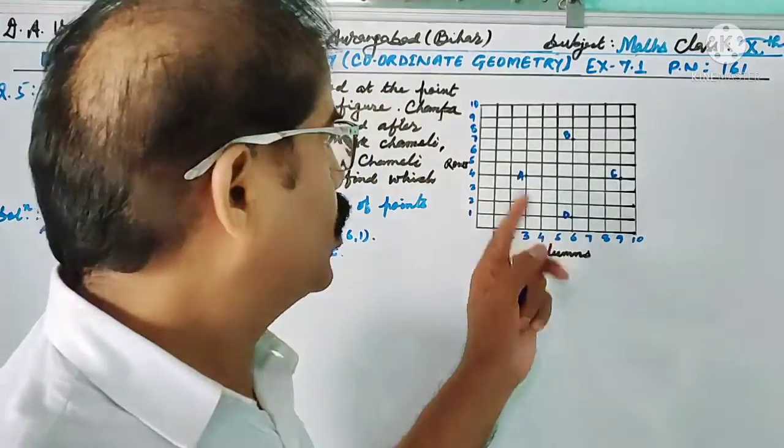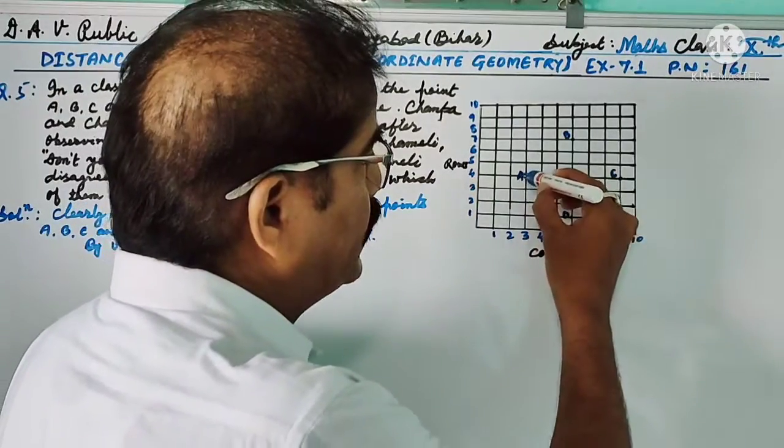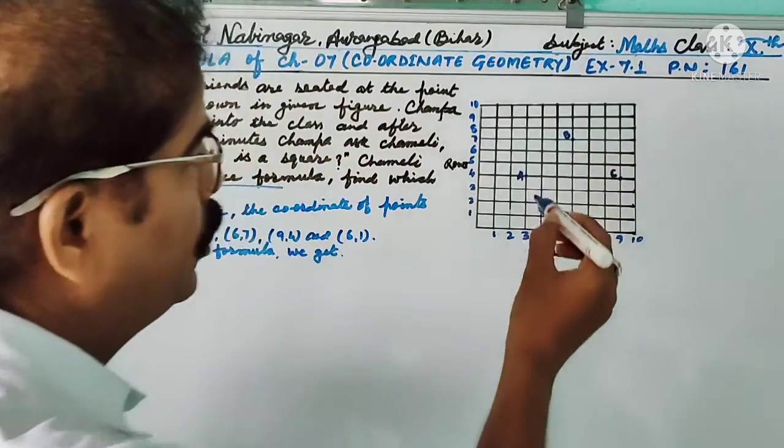So first you find the distance AB using the distance formula.